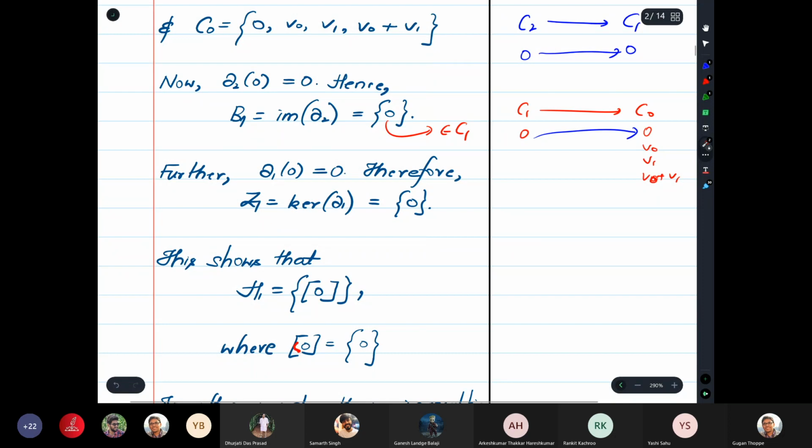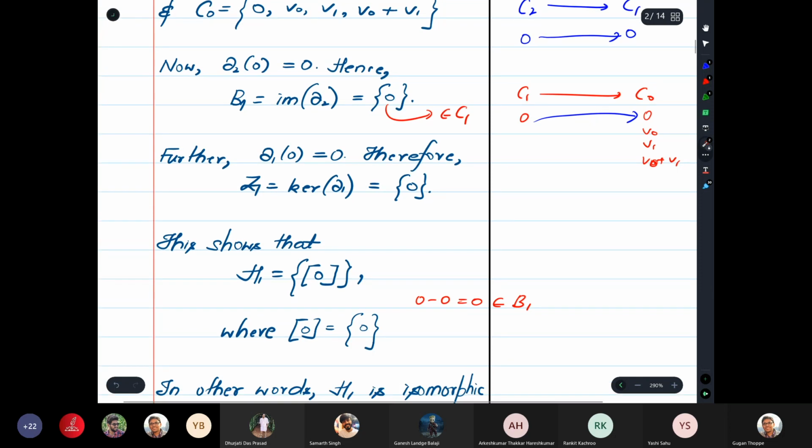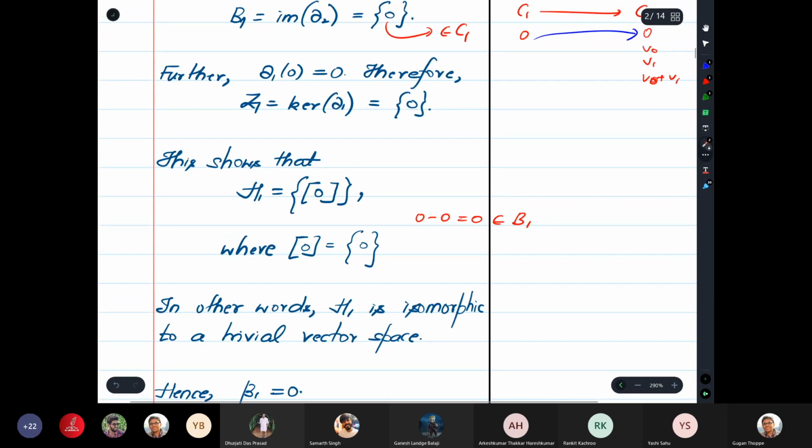Z1 only contains this, and one can see that this element is indeed equivalent to 0, because 0 minus 0 is 0, and this indeed lies in V1. So H1 as a set only includes one element, and that element is the equivalence class of the 0 1-chain.